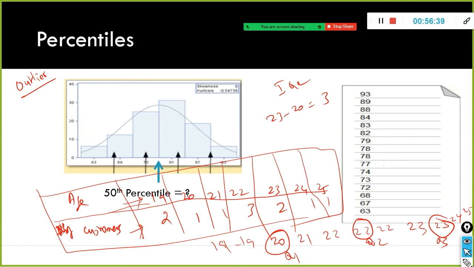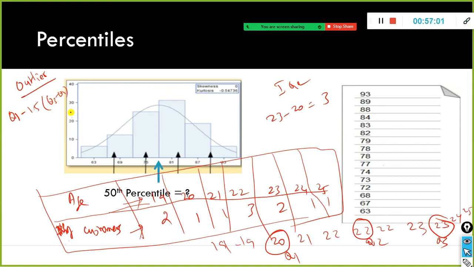Okay, so we have a formula for this. You have the lower quartile, which is nothing but your Q1 minus 1.5 into your Q3 minus Q1, which is your IQR.